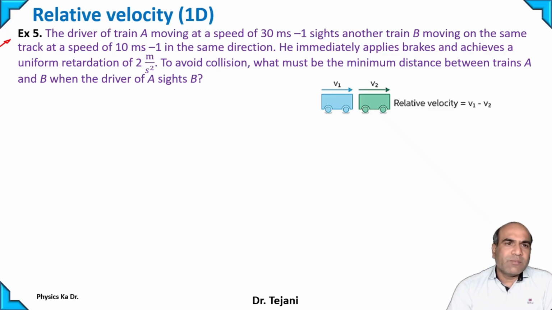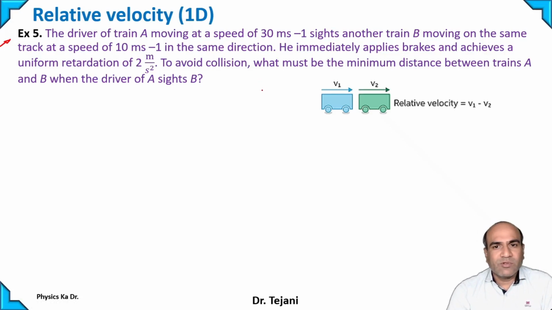So here example number 5, it is mentioned, the driver of train A moving at a speed 30 meter per second sights another train B moving on the same track at a speed 10 meter per second in the same direction.